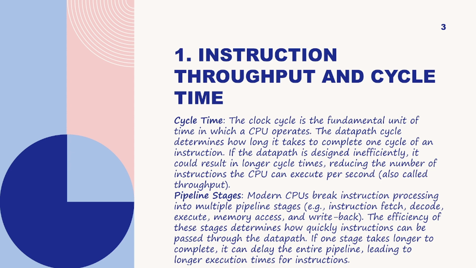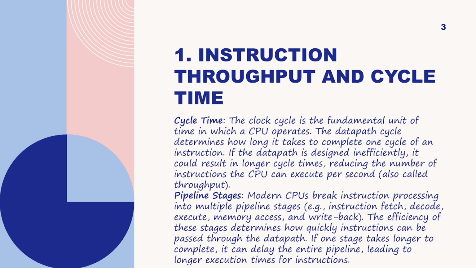If one stage takes longer to complete, it delays the entire pipeline. So the pipeline has a couple of stages, which if one delays, it might affect the whole pipeline. You get it? So in order for it to influence the CPU, everything must be on point.